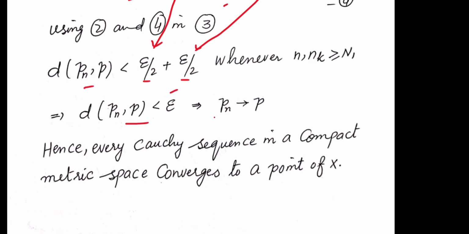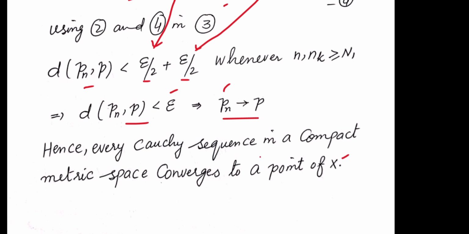And this shows Pn converges to P. Hence, every Cauchy sequence in a compact metric space converges to a point of X. Pn was originally a Cauchy sequence; now it is a convergent sequence, which is what was required. Hence, every Cauchy sequence in a compact metric space converges to a point of X.